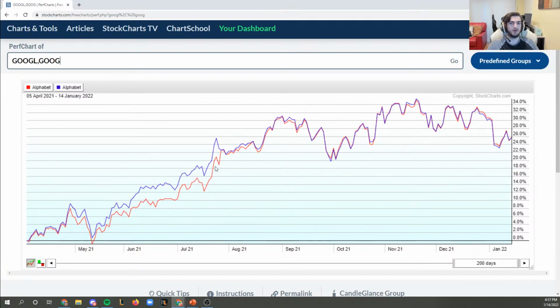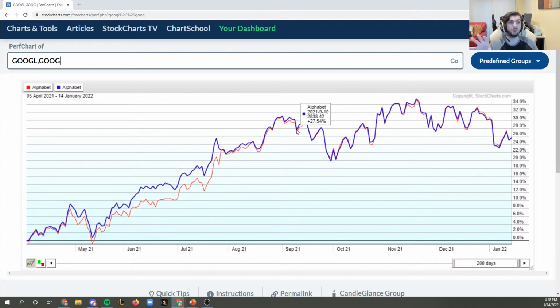Then, on July 28th, Google announced that in addition to their non-voting shares being bought, they were also going to start buying back voting shares. So now voting shares and non-voting shares could be bought back by Google or could be sold back to Google, which is the reason that their prices consolidated and have been the exact same ever since.